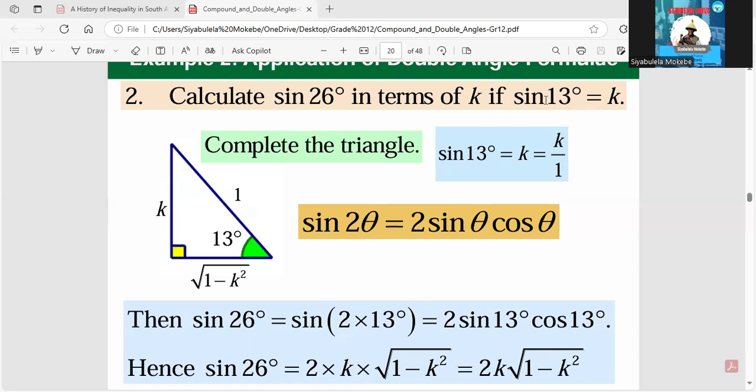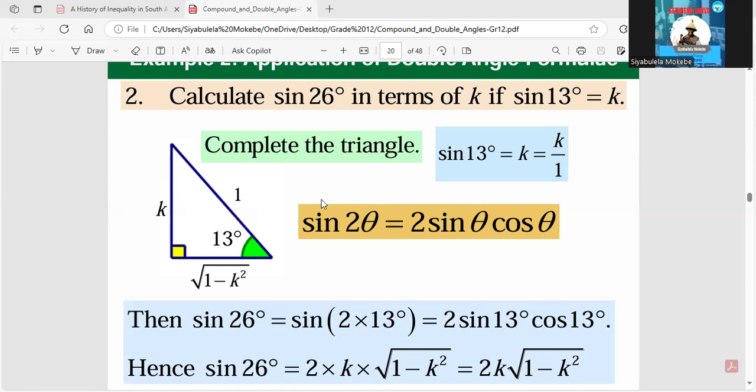That's step number 1. And then number 2, if you are just given k, we can write k as k over 1. Why do you want to write it as k over 1? Because we want to write it in such a way that it gives us opposite over the hypotenuse. So if the opposite is k, 1 is going to be the hypotenuse.